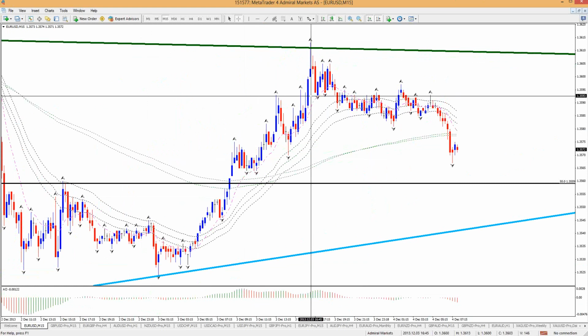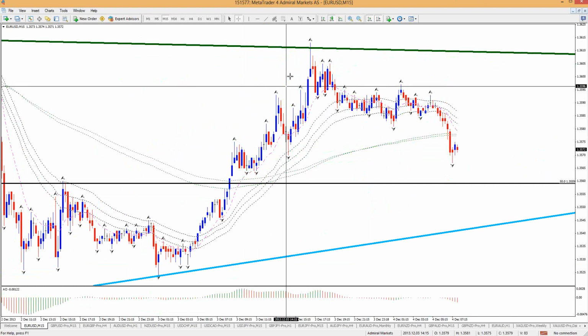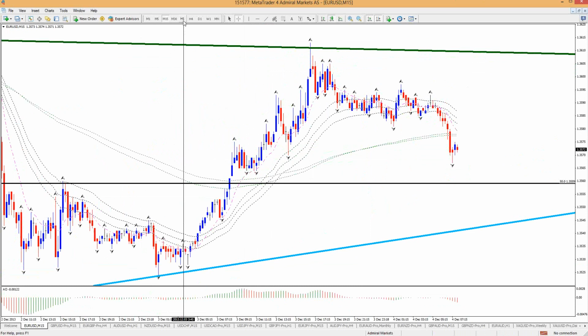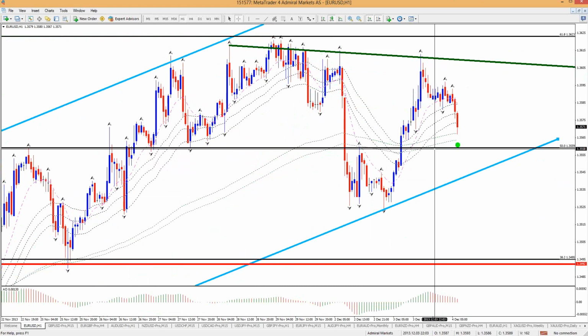So that lasted, of course, to London Open, and then the currency went to sleep, as we should expect with the euro and pound dollar, specifically. And at the moment, personally, we can see bearish price action.